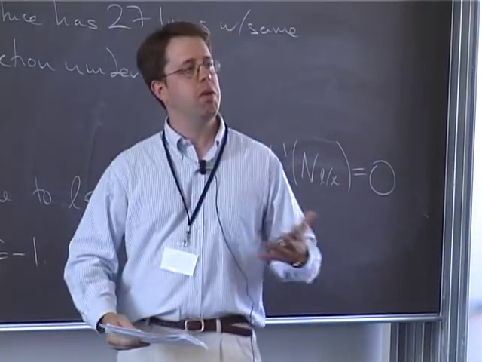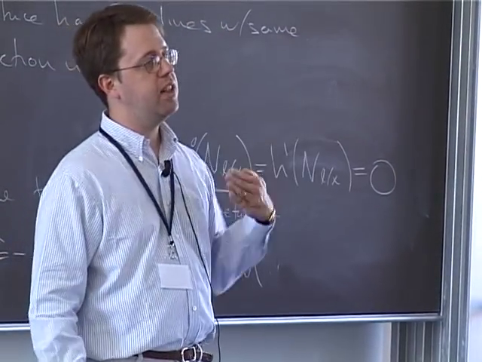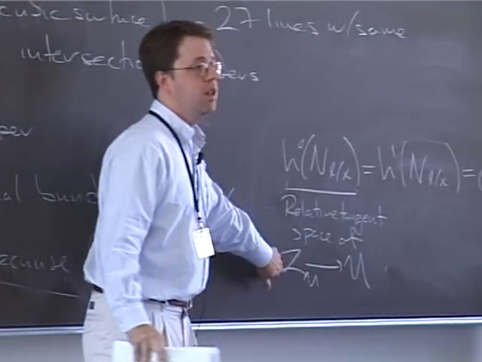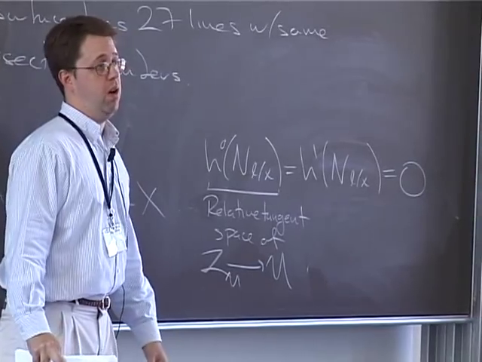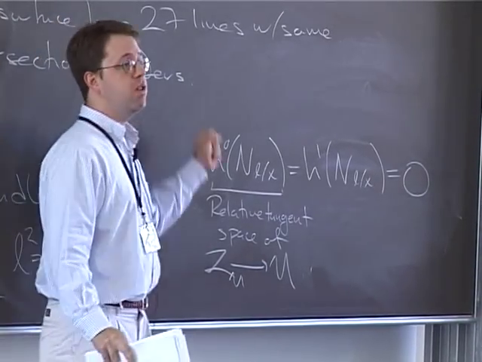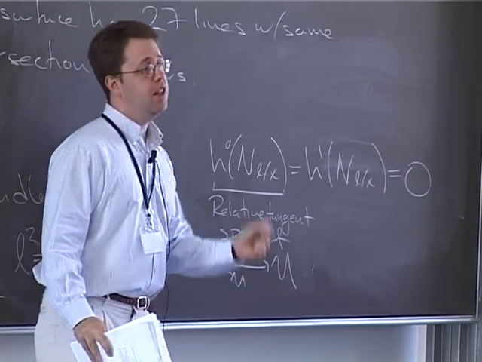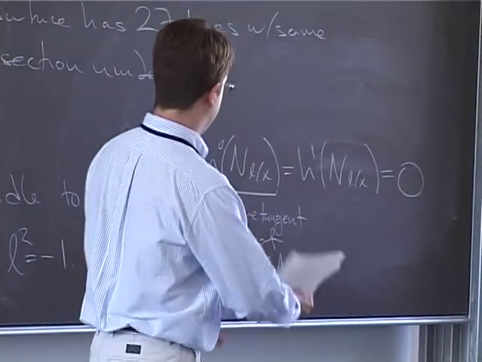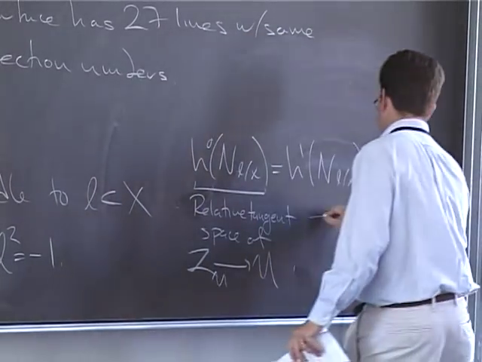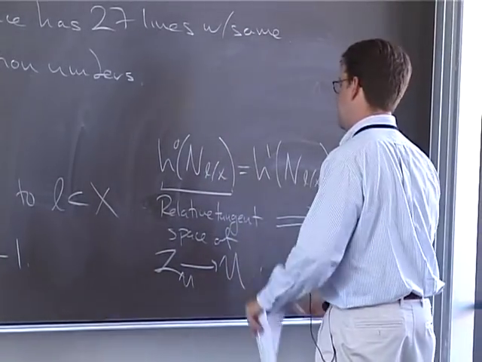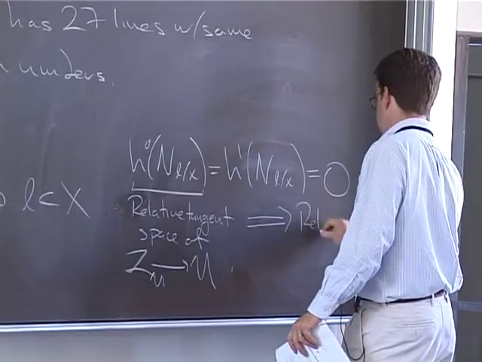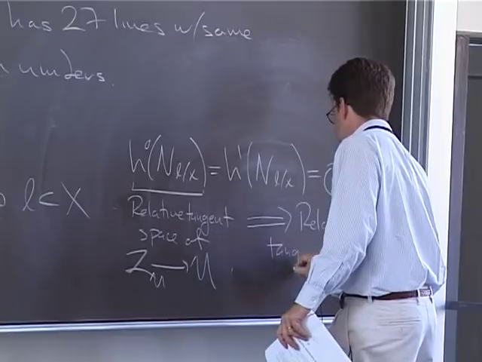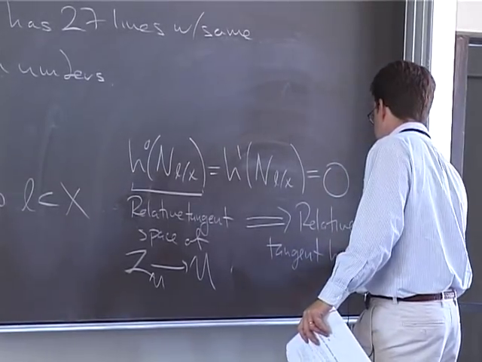So essentially what we've just shown is that the space of all lines is always smooth and unobstructed of relative dimension 0. So this deformation theoretic argument shows us that the lines can never have multiplicities. They can never have non-trivial scheme structure. So this implies that the relative tangent space has dimension 0.